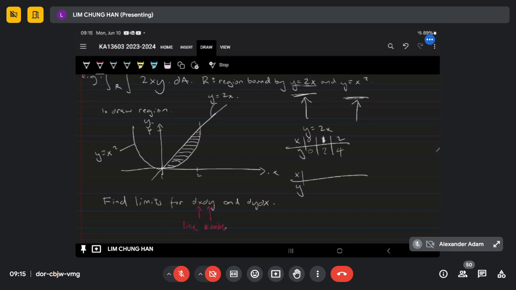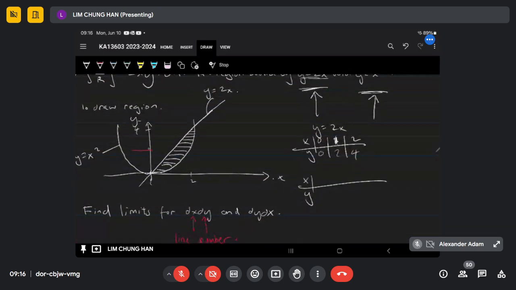The first limit, you always have to use the line method. The second limit, you choose the biggest number and the smallest number. So here, we want to do dx first. So that's why for dx, we use the line method. So for x, we go until we hit the region.